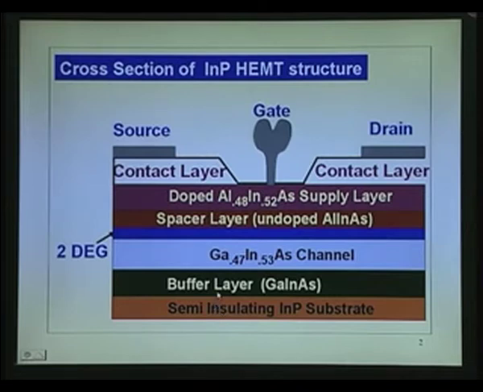So, you have got a buffer layer, an undoped layer which is a channel layer, and a spacer layer to improve the mobility, so that the two dimensional electron gas does not at all see the dopant layer. So, that is a spacer layer, then aluminum indium arsenide.